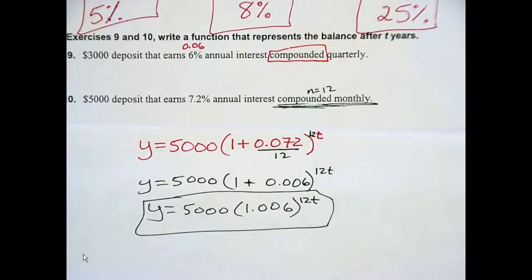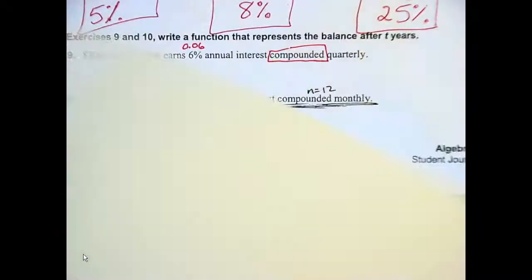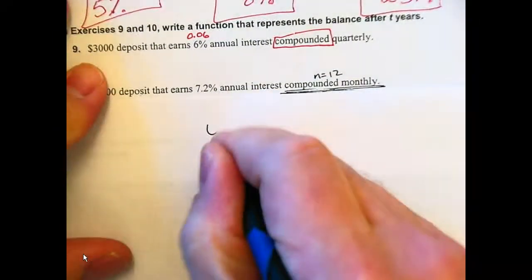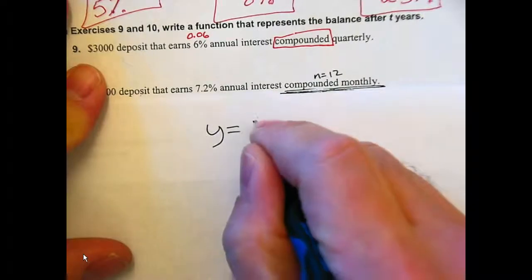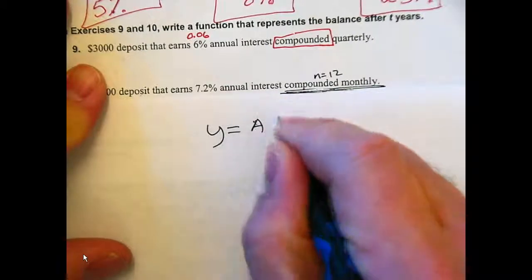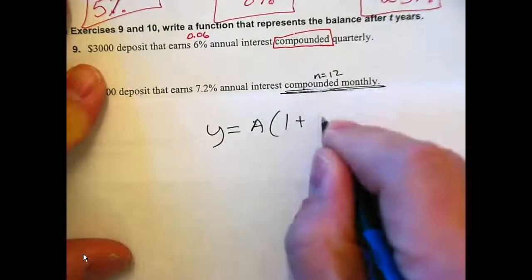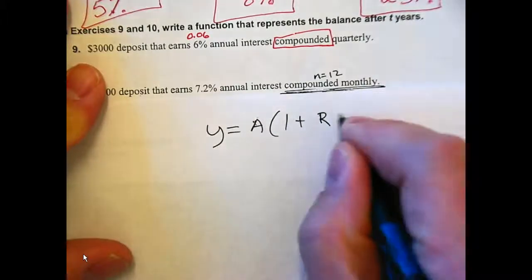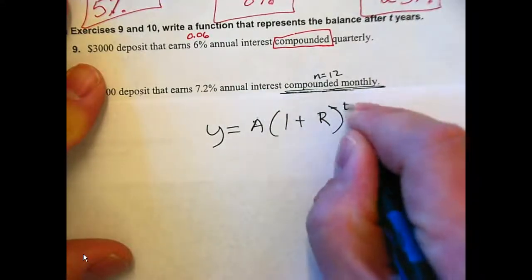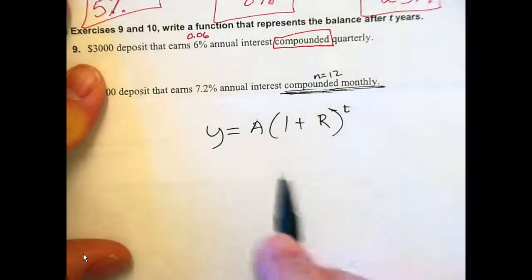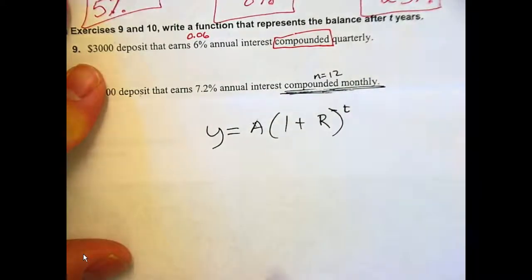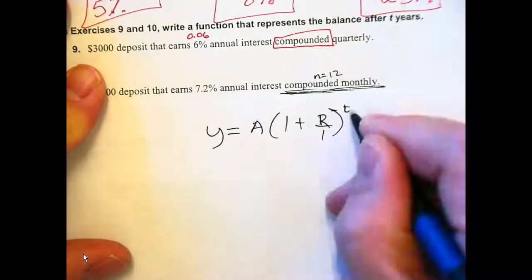And just so you know, this will be the last thing I say about this and we'll be done with it. The growth formula is that, how many times is it compounded a year? Once. So n is 1.